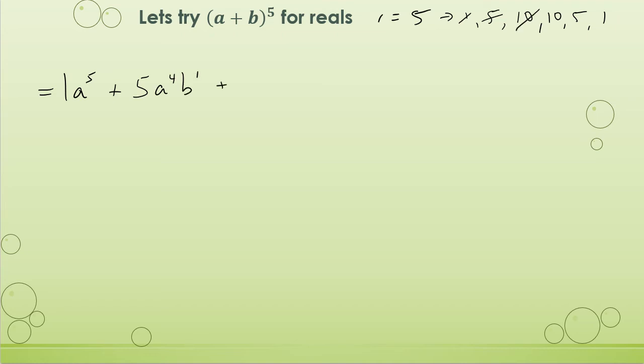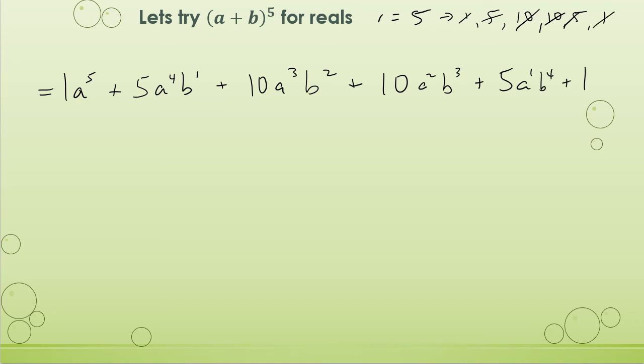My next term, coefficient is 10. a goes down, b goes up. Next coefficient, 10. a goes down, b goes up. Plus, next coefficient. a goes down, b goes up.